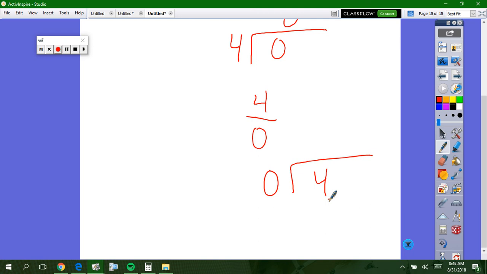So hence why the undefined. Does that give you a better reasoning why we can't divide by 0? Because sometimes I think we just do math because somebody's told us to do math instead of understanding why it's that way. Does that make a little bit more sense?